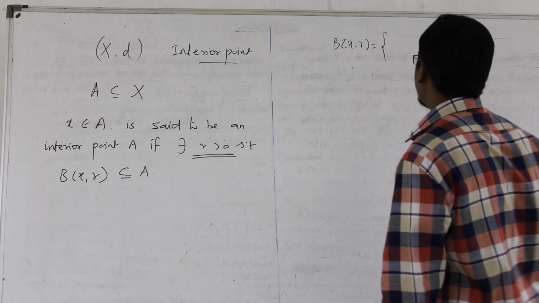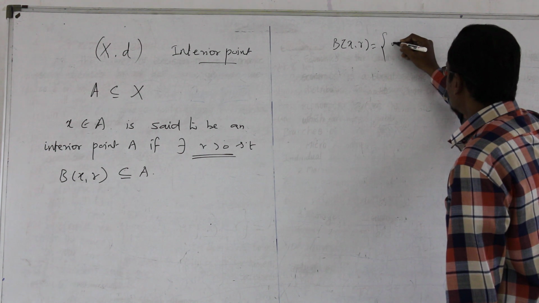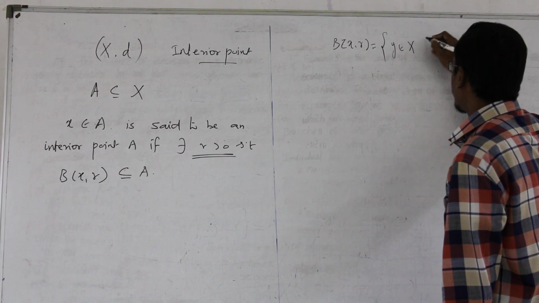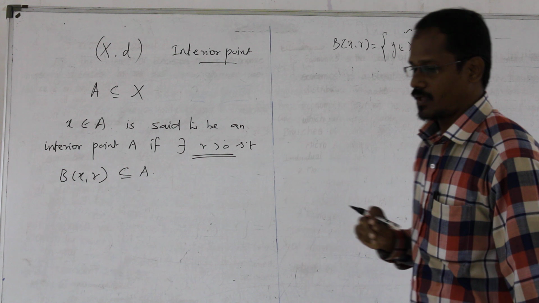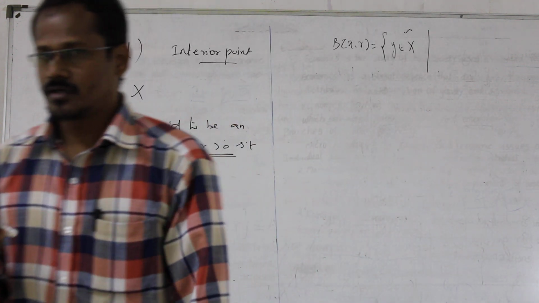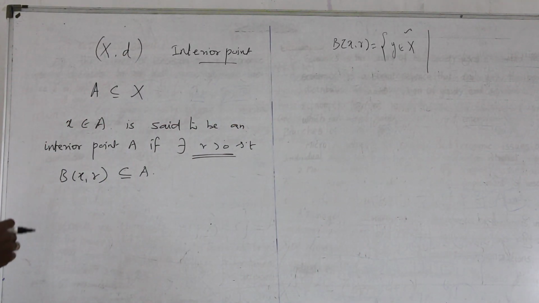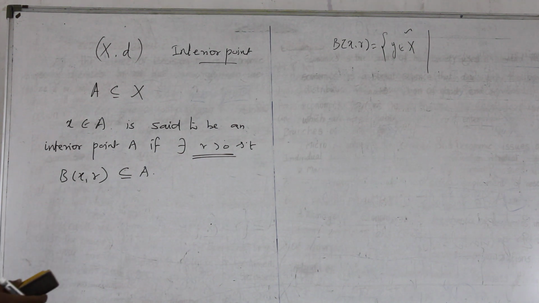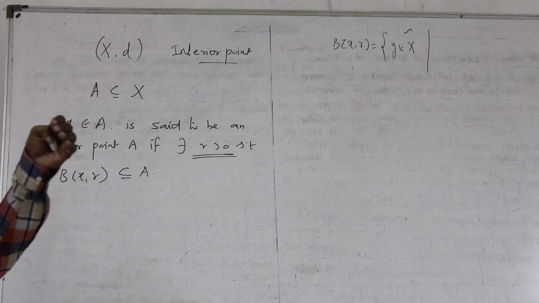In the last video we defined it as: collect all possible points in a metric space. This line is very essential. Many students forget what to write in that place. It's not traditional to write y belongs to x always. With respect to the metric, you are defining the open ball.